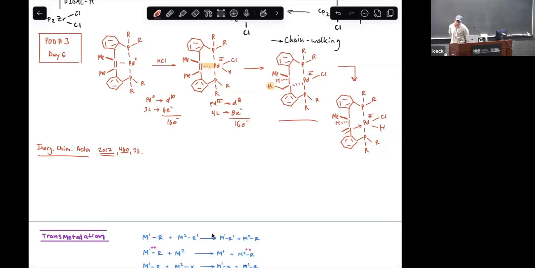I think what you're considering drawing, if I understand you correctly, is like this, where you have this hydride and then it's plus, and then you have an outer sphere chloride.